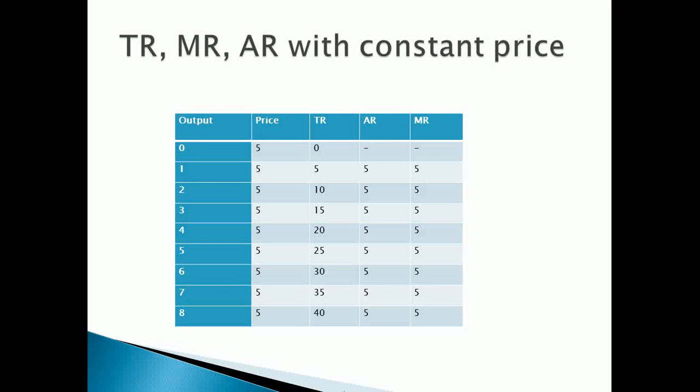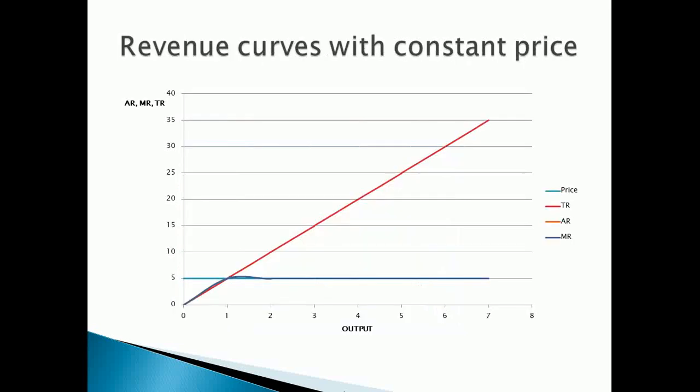So profit will be maximized when total revenue exceeds total cost by the greatest amount, which is also visible on the table that you are seeing right now. Output 4 is also the point at which the difference between total revenue and total cost is highest.